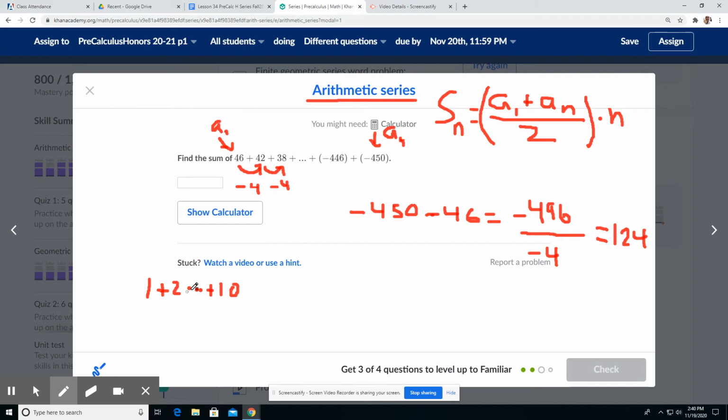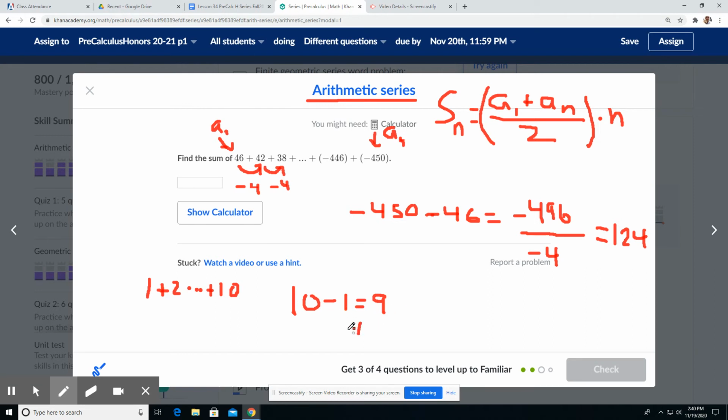If we do the same type of idea and I say 10 minus 1 equals 9, what that meant was we had 9 jumps basically to get to here, right? It's forgetting about the first term. So that's a key idea. Notice this is just growing by 1, so this is kind of the easier example. So from 1 to 10, if you subtract them, you get 9.